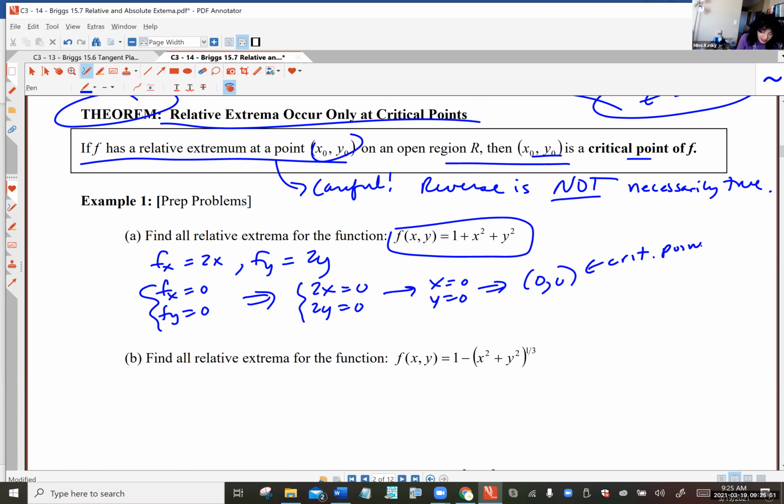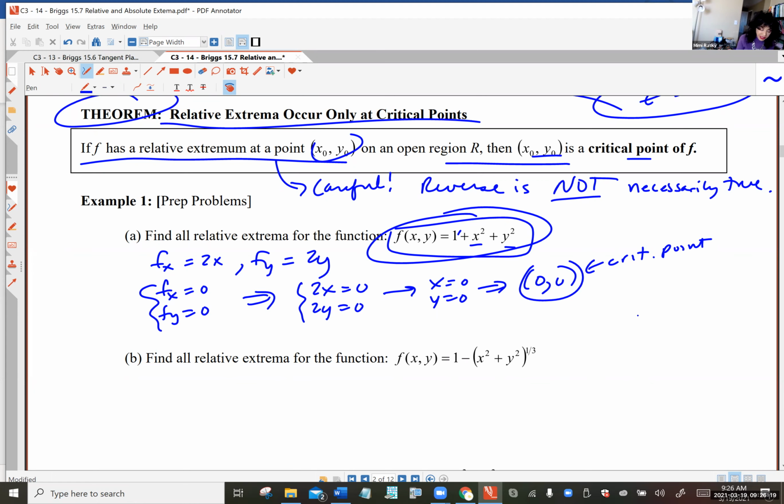And we're done. Now, does that correspond to a max or a min? This is where we're going to do it the quick way by thinking about the equation. The function looks like 1 plus x squared plus y squared. Well, x squared and y squared are always going to be non-negative. They're either going to be 0 or something positive. So this critical point most likely is a minimum. It's the lowest that the function can ever get.